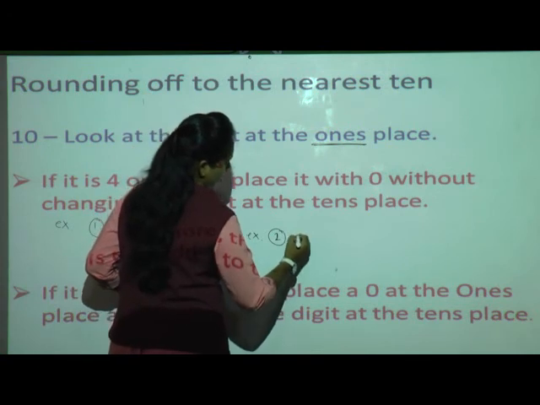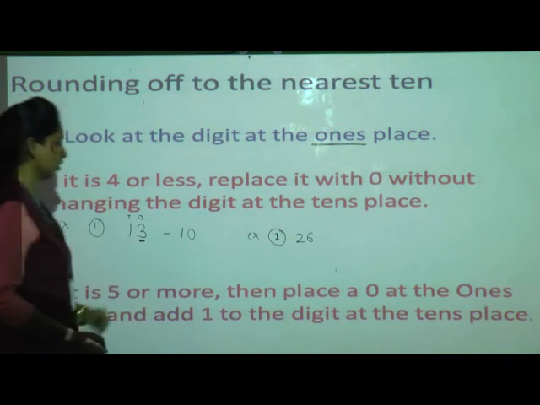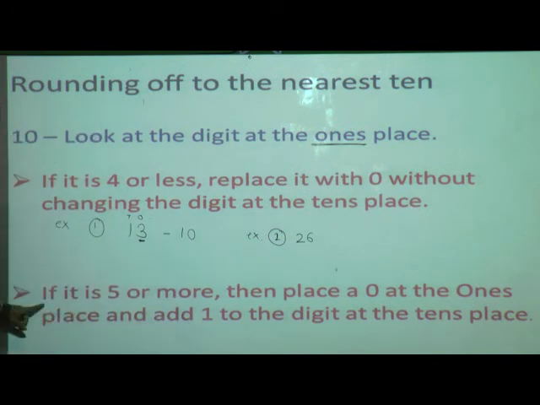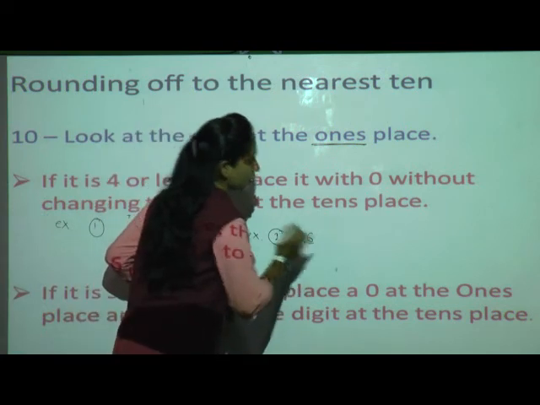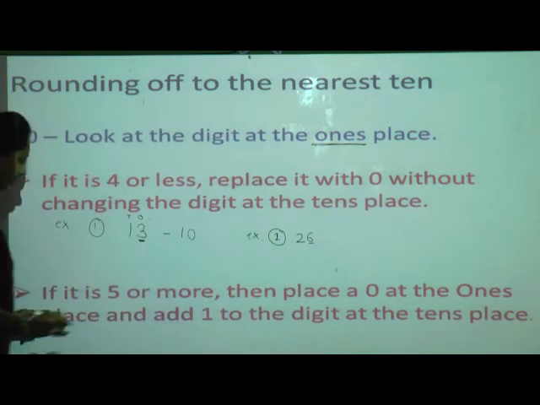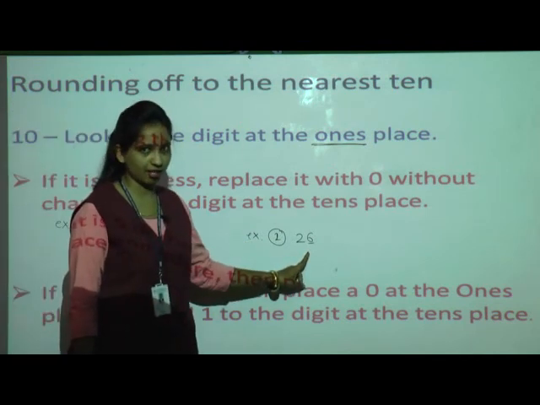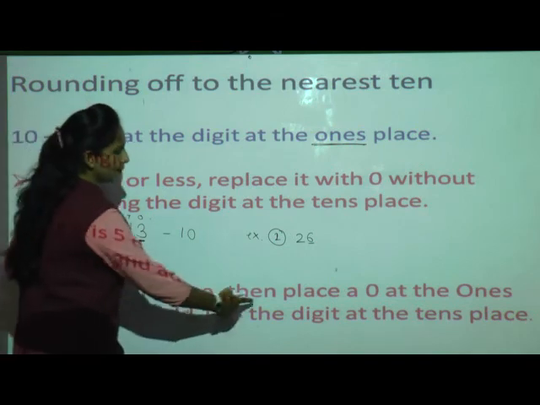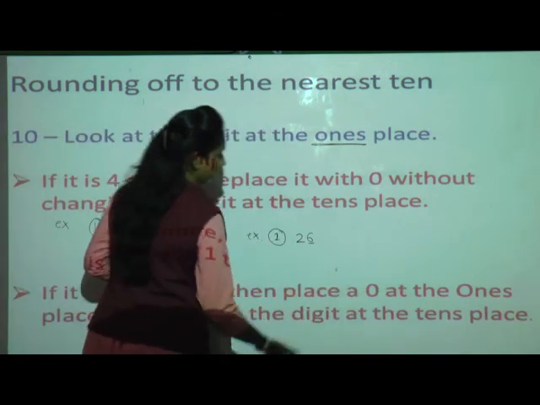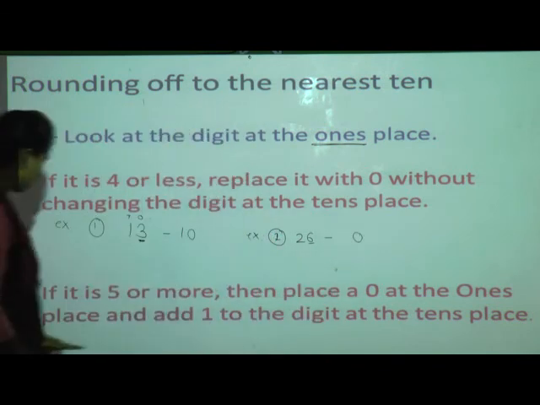I will take 26. Now see, in this question, it is the nearest to tens. So what do you have to do? Just underline the ones place. Then if it is 5 or more: the ones place is 6, which is more than 5. Then what to do? Replace the ones place with 0.